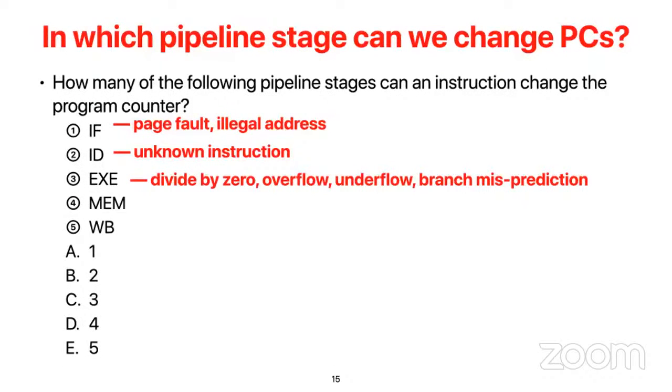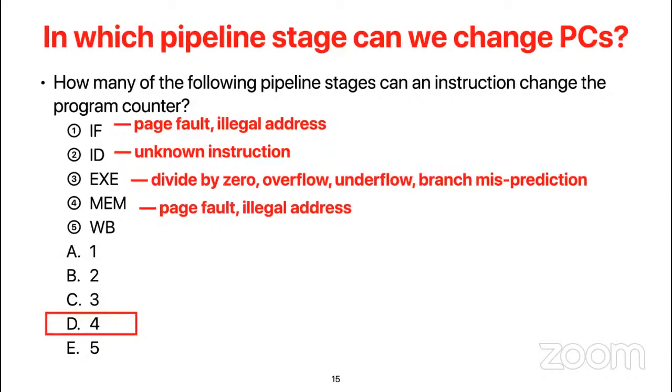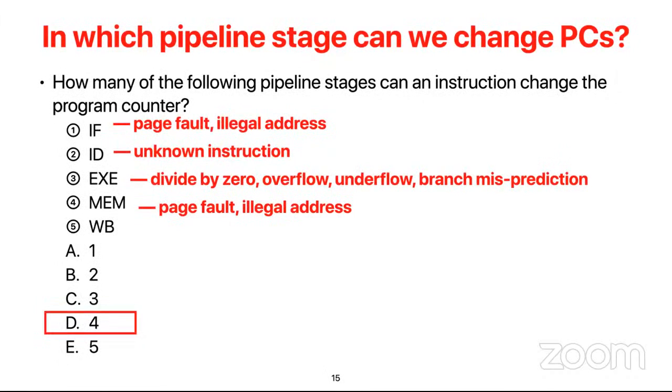Again, for data memory access, you need to handle page fault and illegal address if they occur. So actually four of the pipeline stages would change the PC. In fact, almost everything during your execution would potentially change the PC.